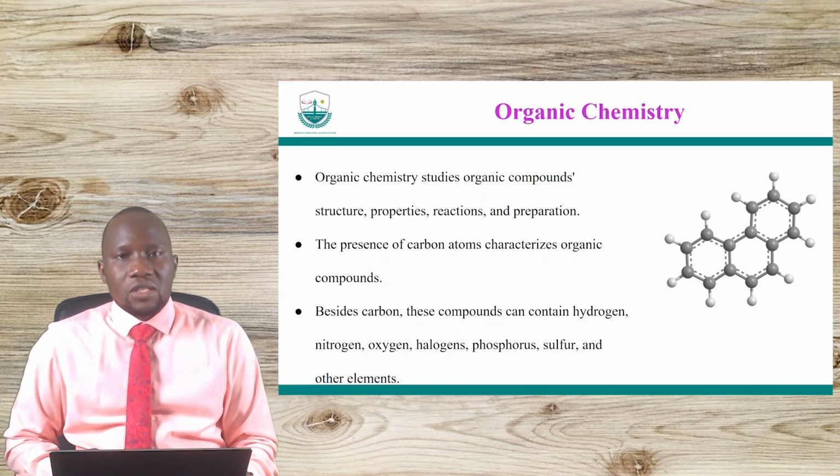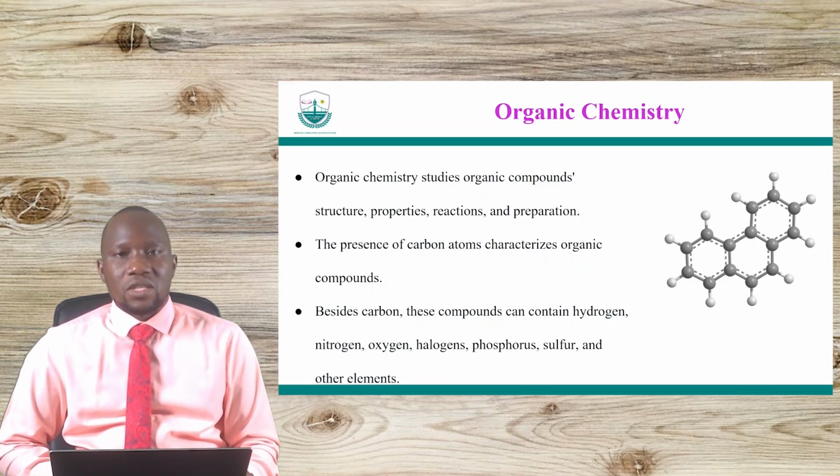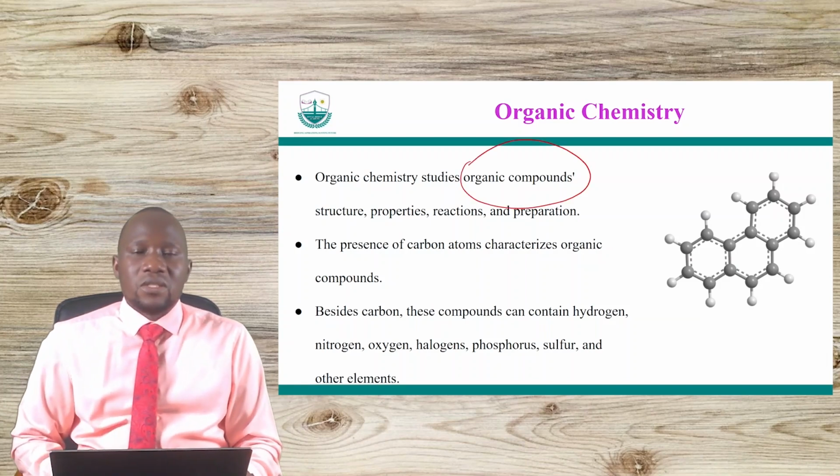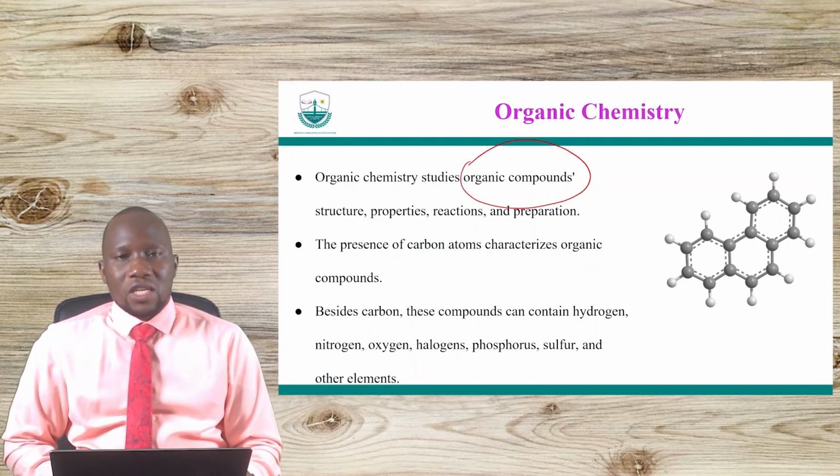So organic chemistry is basically a branch of chemistry that deals with the study of what we call organic compounds. So we look at the structure, the chemical characteristics of all these organic compounds, and how they are prepared and how we use them.